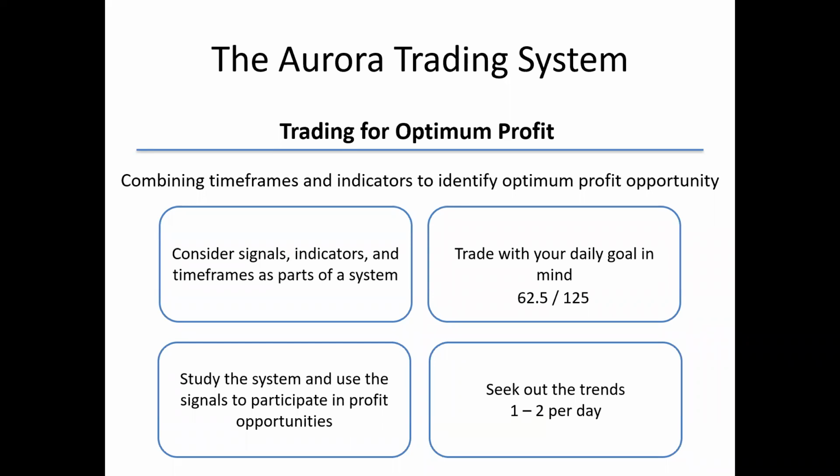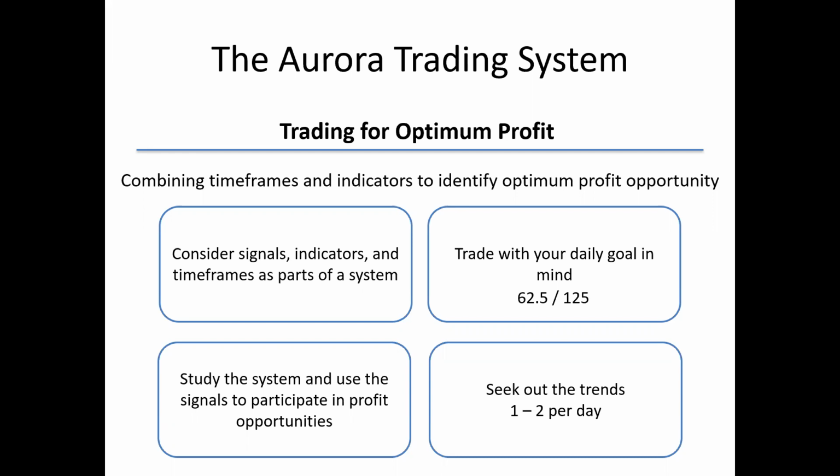So 62.5 points, in my experience with the Aurora trading system, is a pretty easy goal to achieve. My experience with oil at 125 ticks also says that that's a fairly easy number to achieve. Again, using the entirety of the Aurora system, including the 3A and 4A signals, which I'm going to present to you here in session 6.